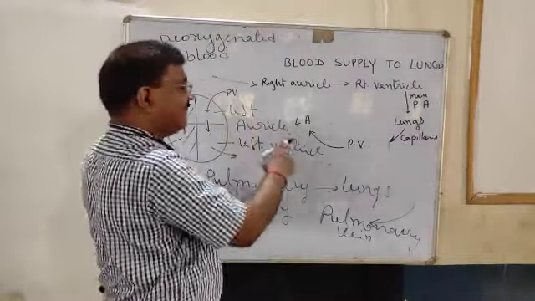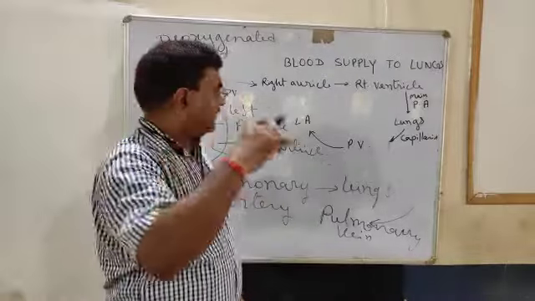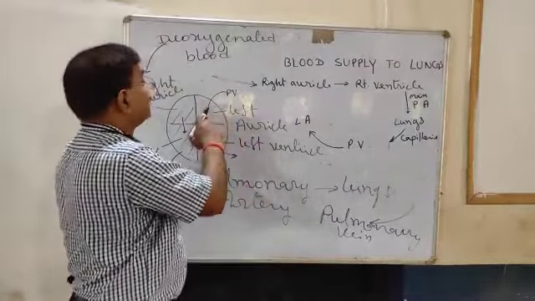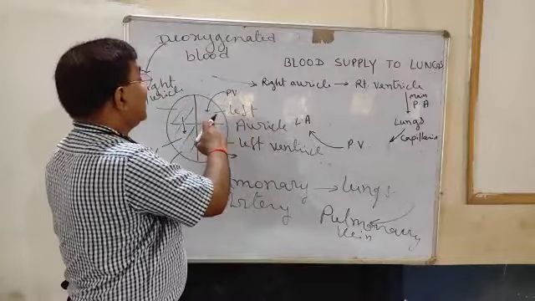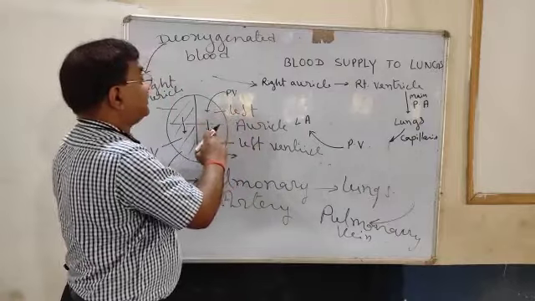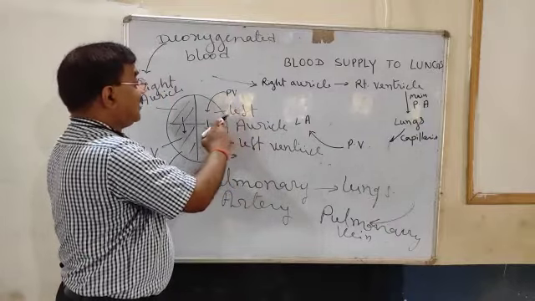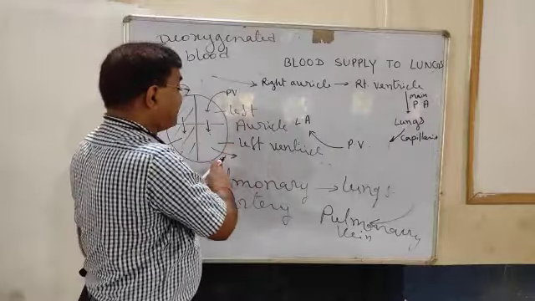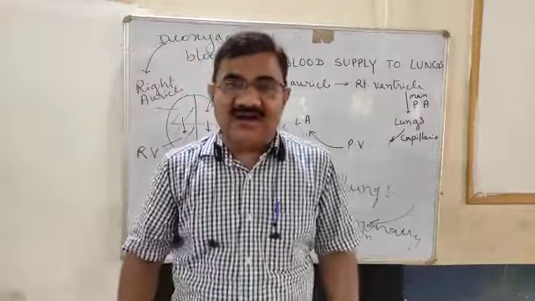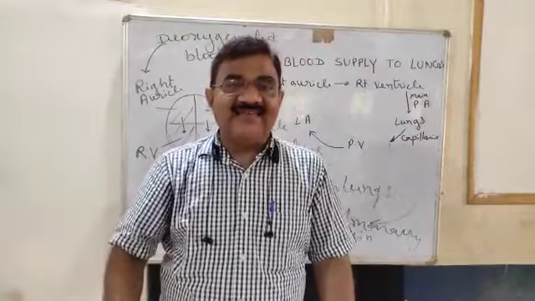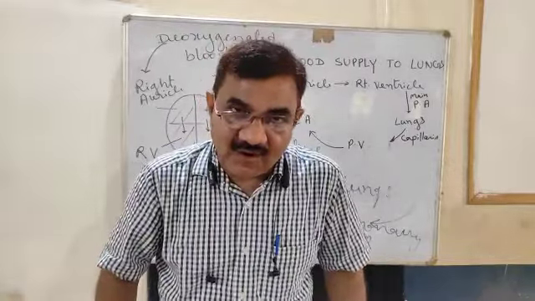This oxygenated blood comes out from the lungs and reaches the heart, and the left auricle receives oxygenated blood. The left auricle pumps the blood to the left ventricle, and the left ventricle again pumps the blood so that the oxygenated blood can go to each and every part of the body.